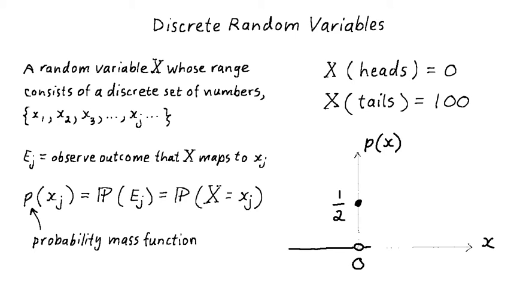Once we've passed 0, the graph drops back down to the axis, because we're in a region where lowercase x values are impossible. We stay here until lowercase x is equal to 100, at which point the graph pops up to 1/2 again, because that's the probability of observing tails, and it's tails that maps to 100. Once we're past 100, the function drops back to the axis yet again and stays there as lowercase x increases further.